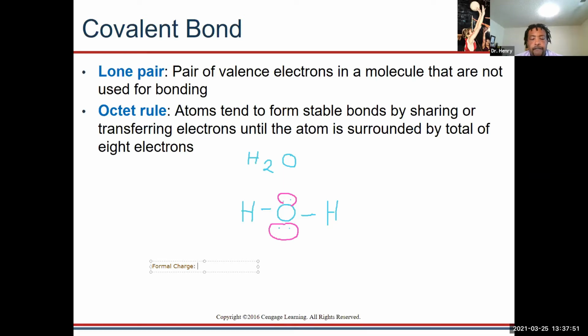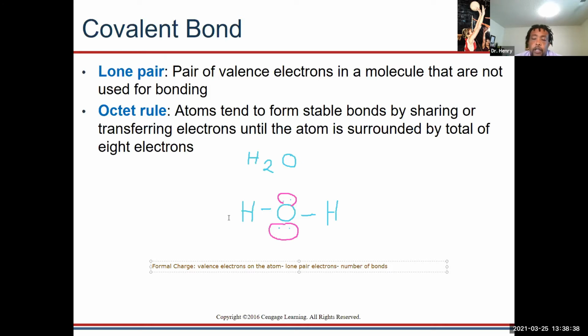The formal charge is the valence electrons on the atom, minus the lone pair electrons, minus the number of bonds.